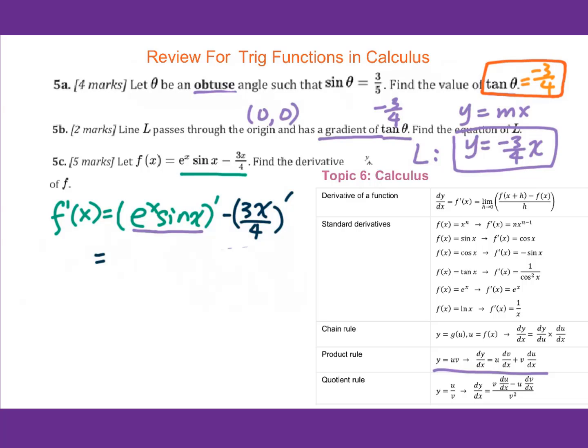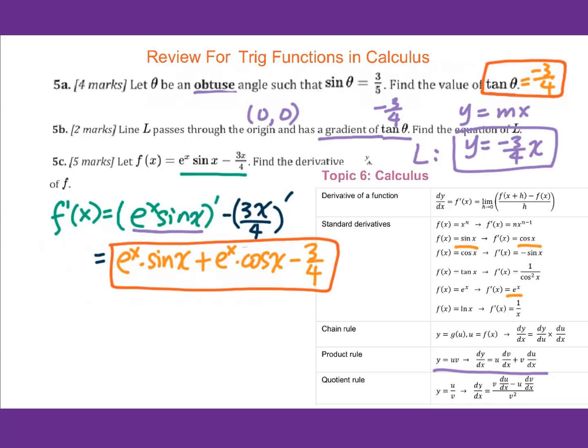The derivative of e to the x power is e to the x power, times sin x, then plus e to the x power times the derivative of sin x, which is cosine x. Then minus the derivative of x, which is 1, so minus 3 over 4. This will be the derivative of f of x.